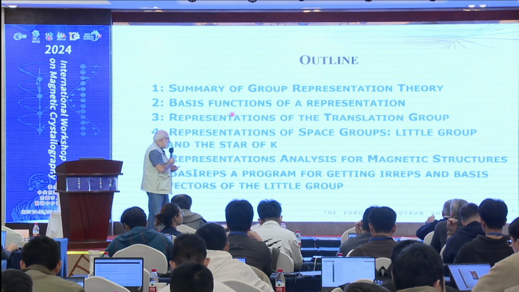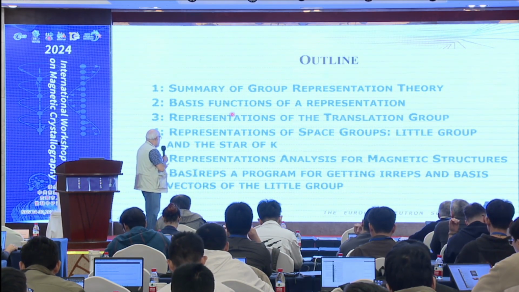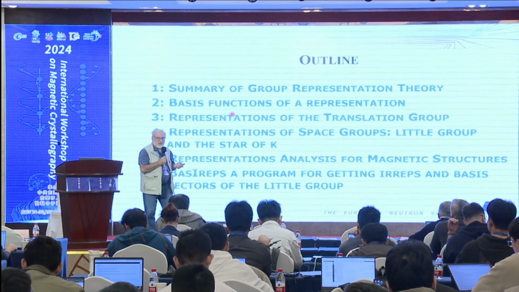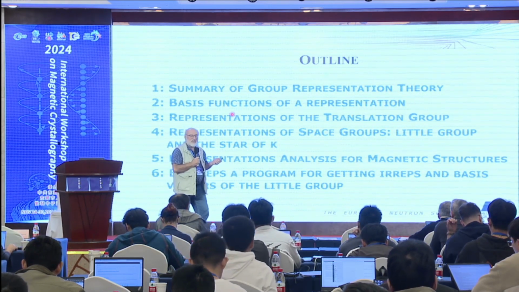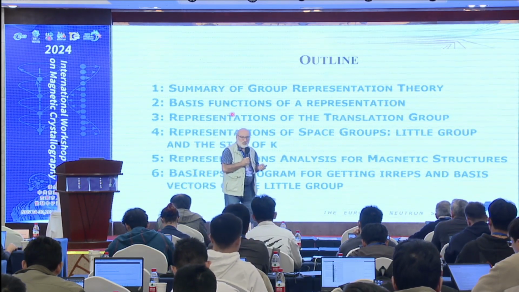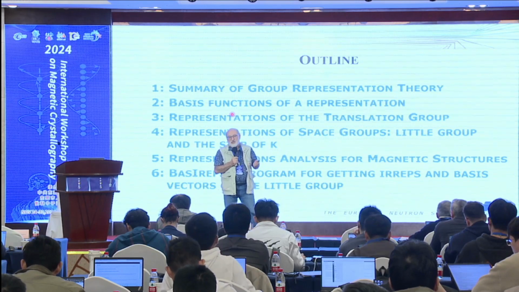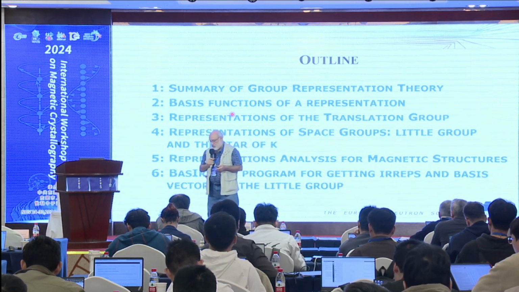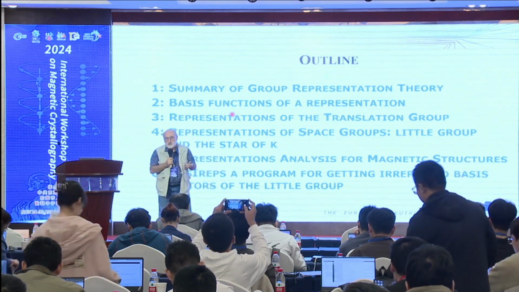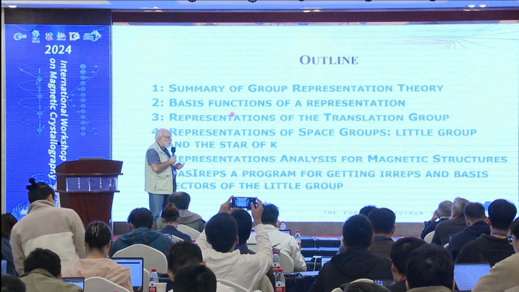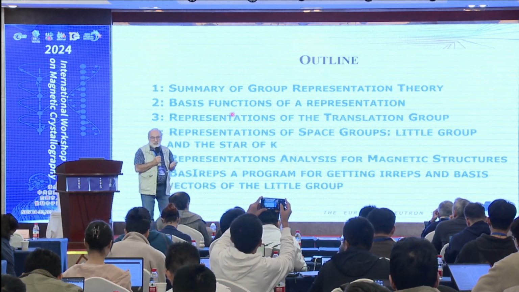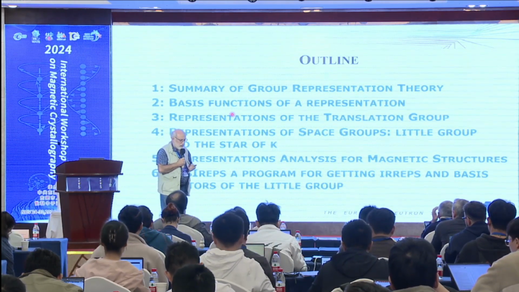Then representation analysis in magnetic structures, and then I will be speaking about BasIreps, which is a very basic use of representation for magnetic structures and also distortion modes, if you want, but in another approach different from ISODISTORT.